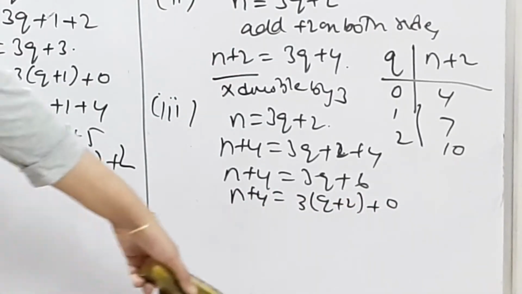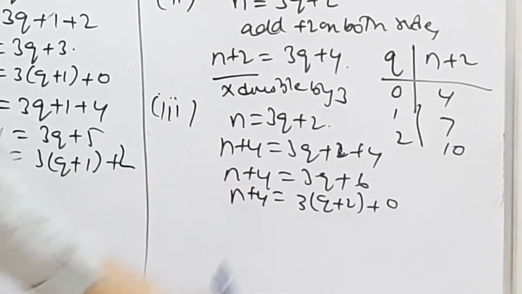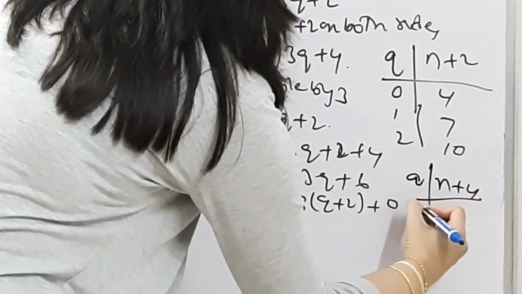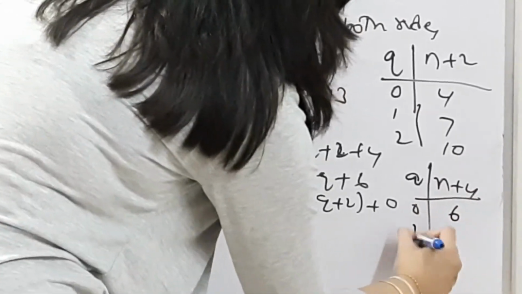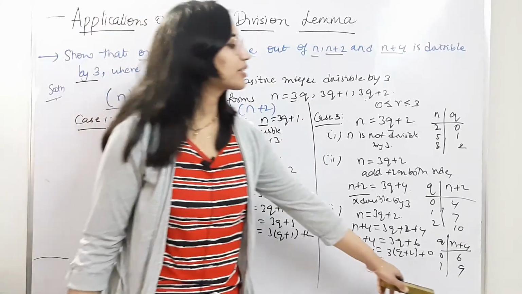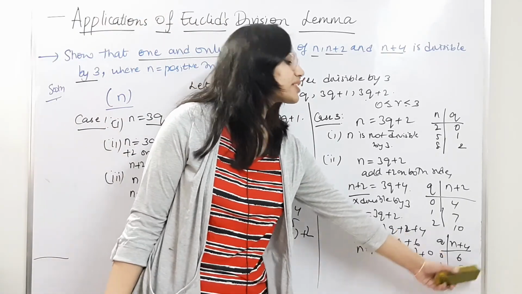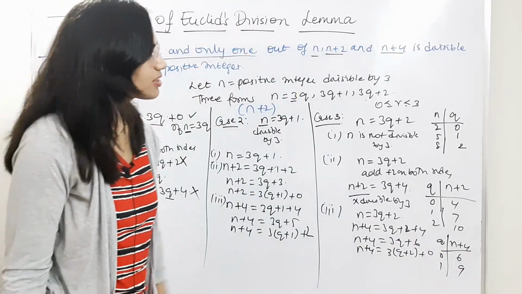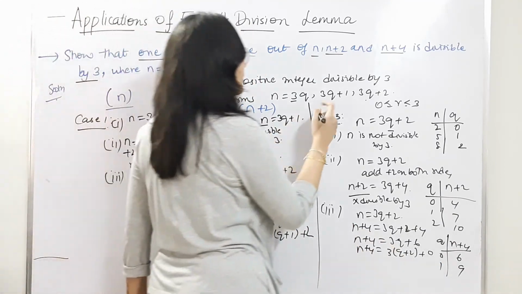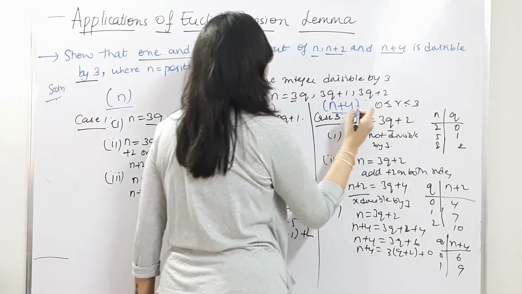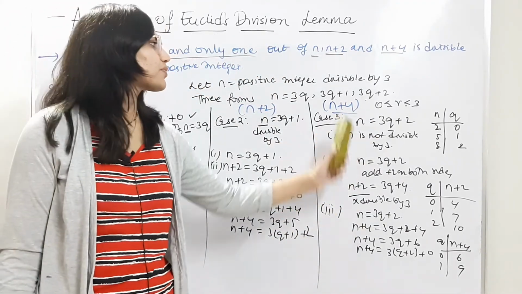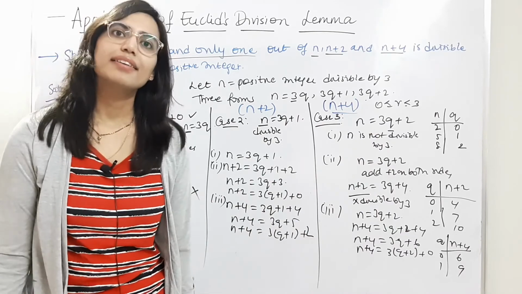If q is 0, we get 6; q is 1, we get 9. You can easily conclude in the first step itself that it is divisible by 3, because the remainder is 0. So we can happily conclude that if n is in the form of 3q plus 2, then n plus 4 is divisible by 3.